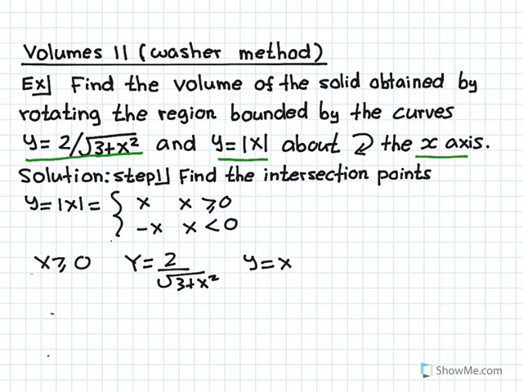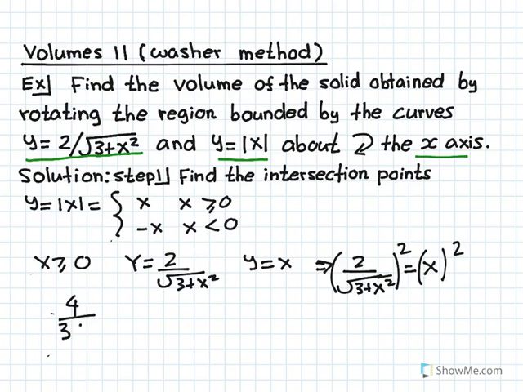So to solve for the x value, we make y equals y, and we get 2 divided by root of 3 plus x squared is equal to x. Now we square both sides, and we get 4 divided by 3 plus x squared is equal to x squared.